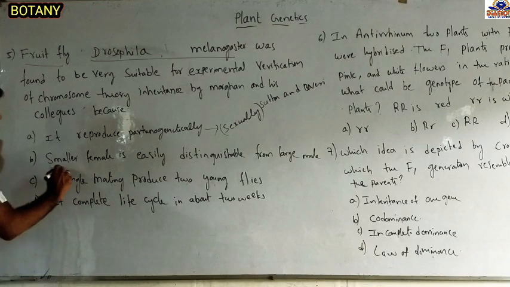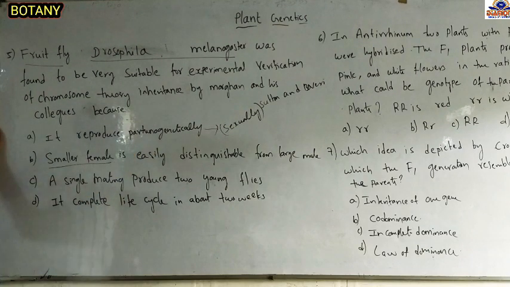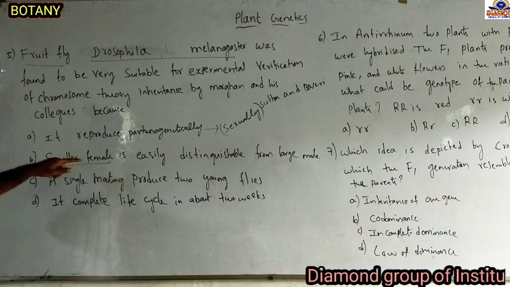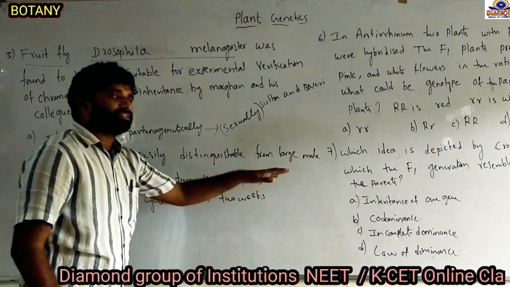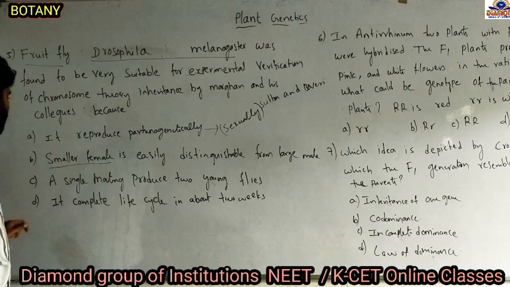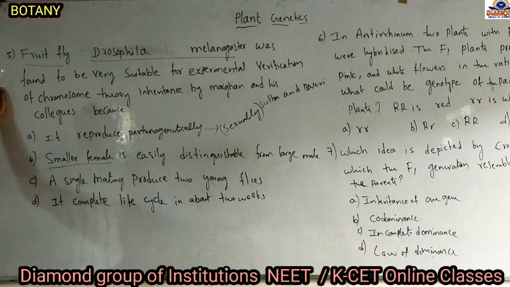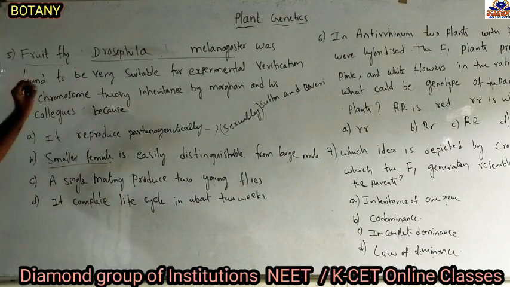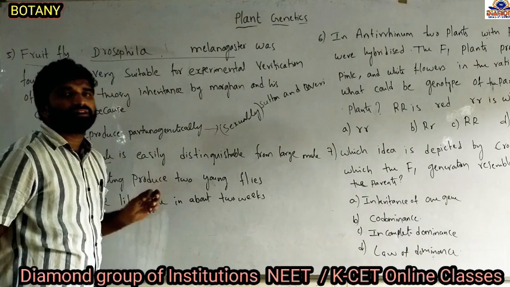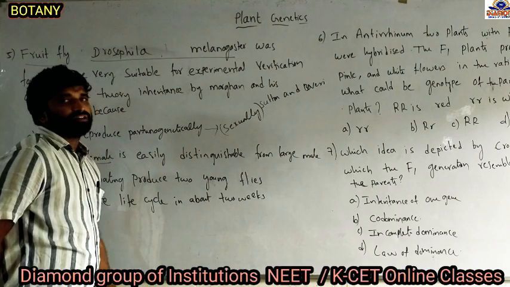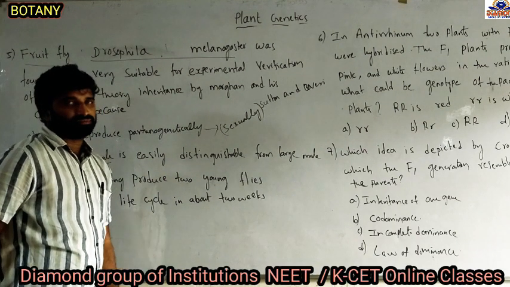But here they have given the smaller as female and the larger as male. It is reversed. The larger is the female, and the small one is called the male. And a single mating produces many flies. So for a single mating of these Drosophila melanogaster, many offspring will be produced.